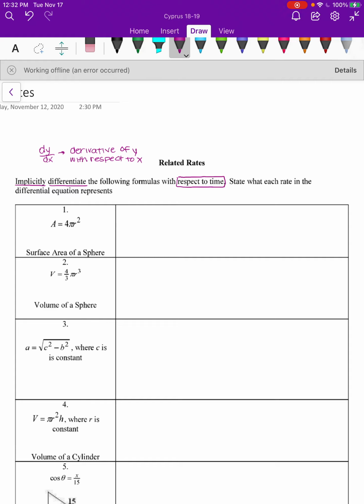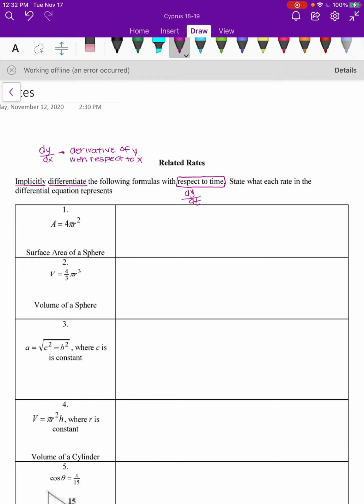So whenever we did implicit differentiation before, we did it in terms of x, and that's why y was our chain rule. If we're doing things with respect to time, our notation will look more like this: you'll have some dy over dt instead of dx. So if you have any variables in your equation that are not t, then all of them are treated as a chain rule, just like y was before.